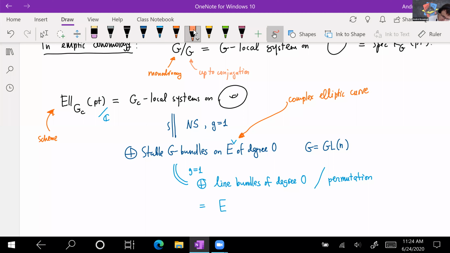Each line bundle of degree 0 is an element in Pic 0 of E check, and that is E. We want to have E for cohomology, which means we want to recover it as a Pic of something else, so we have to check for something else to be E check. So this is going to be E to the rank of the group in general, divided by the Weyl group.